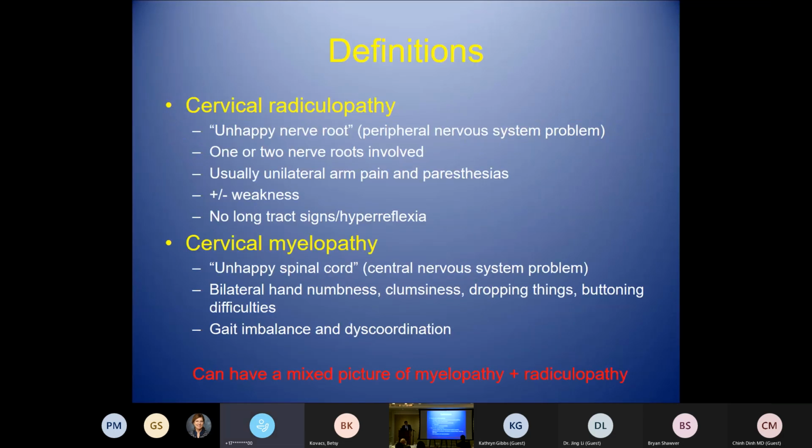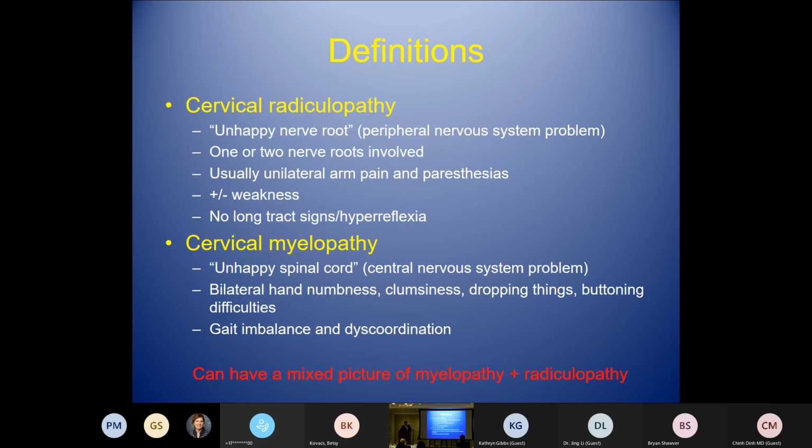So I think it's nice to start with some definitions first. I like to think about cervical radiculopathy as an unhappy nerve root, which is a peripheral nervous system problem. This usually involves 1 or 2 nerve roots, usually on one side, right? So most people present with pain going down one arm in 1 or 2 nerve root distributions.